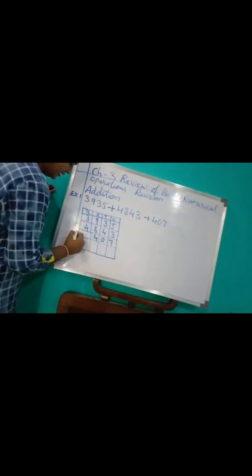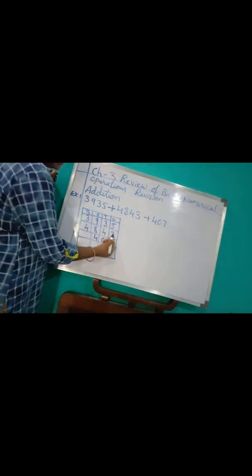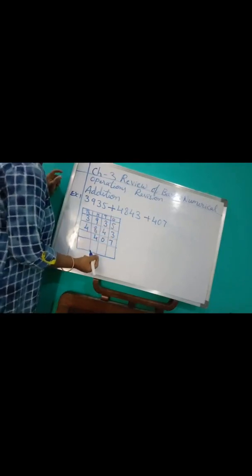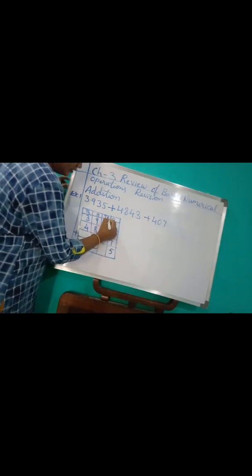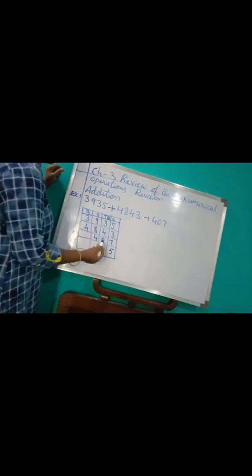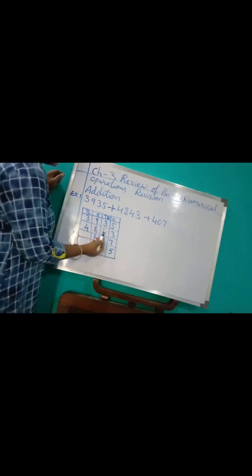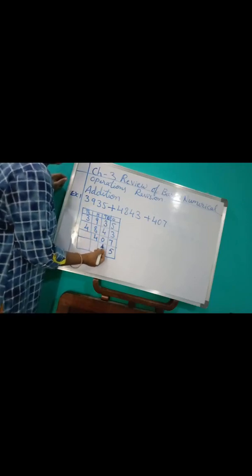Addition symbol you should do. Okay, ones place you should add. 7 plus 3, 10. 10 plus 5, 15. Like that only you should write 15? No. Here 5, 1 carry forward to the next place. Again you should add these numbers. 1 plus 3, 4. 4 plus 4, 8. 8 plus 0, 8.